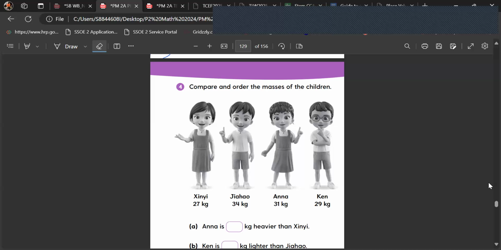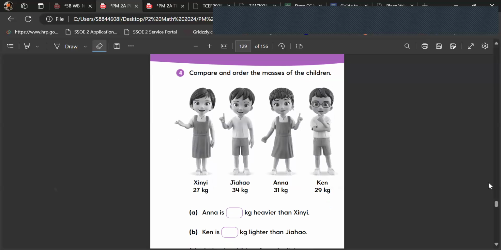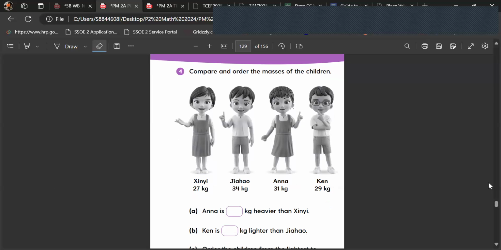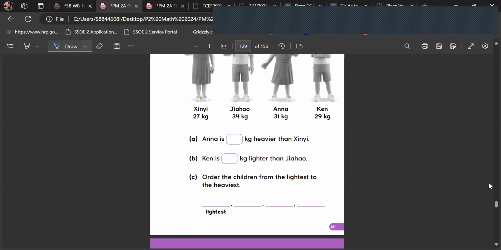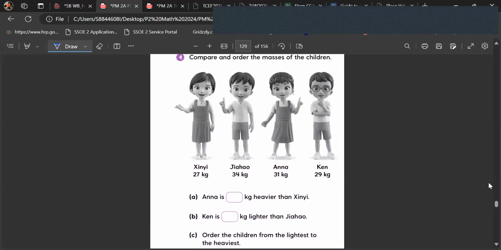Now, a little bit tricky because it's asking how much heavier than. Page 121 is asking how much heavier than. If I cover the blank, it will say Anna is heavier than Cindy.